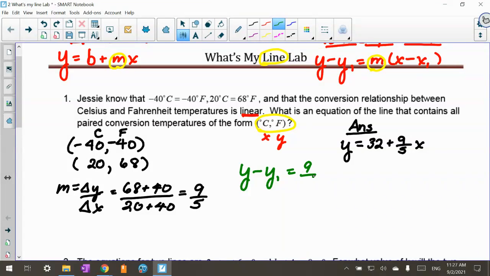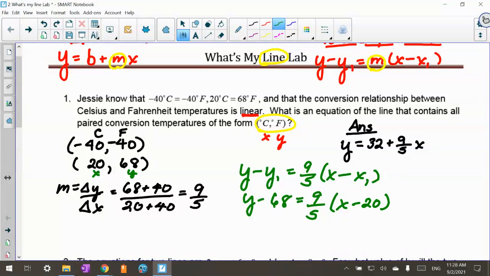Let's just put the 9/5 in, x minus x1. Now we're just going to plug in a point. It doesn't matter which one you use. I actually use the (20, 68). Why? Probably because there's no negatives. So this is my x and my y. So I have y minus 68 equals 9/5 times x minus 20. You could have used the other one.